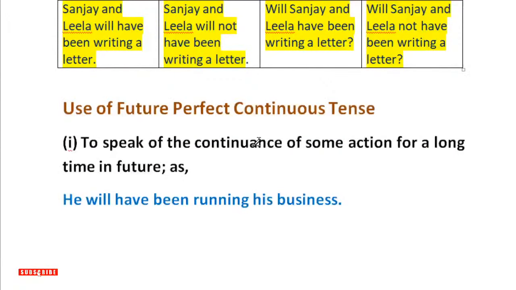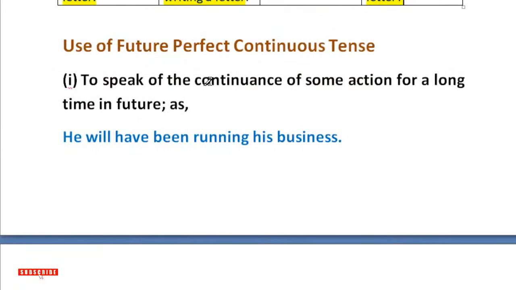Now let us see the use of future perfect continuous tense, where it is used. The first use is to speak of the continuance of some action for a long time in future.